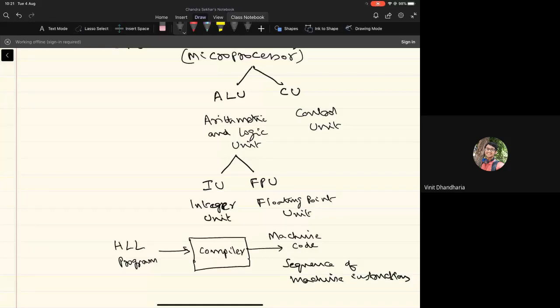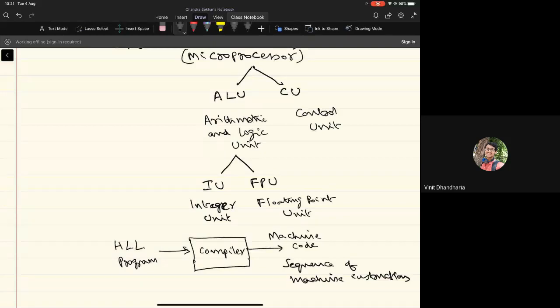As you can quickly see, the machine instructions should minimally include all the arithmetic operations on the integer type data, the arithmetic operations on the floating point data, then the logical operations. Then there are many other types of instructions other than these arithmetic and logical processing instructions.